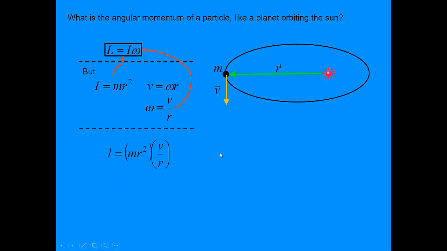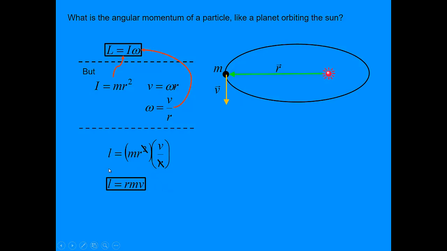We get the angular momentum of this particle, and notice me using the lowercase l, traditional for particles, as opposed to the capital L, traditional for rigid objects rotating about fixed axes. If you just use a capital L all the time, no one's going to say it's wrong, but you might see little l's on an AP test. Notice the r on the bottom cancels with one of the r squareds. Since these are all multiplied, I can change the order and grouping, and we end up with r m v: the distance from the axis of rotation to the mass times its speed.